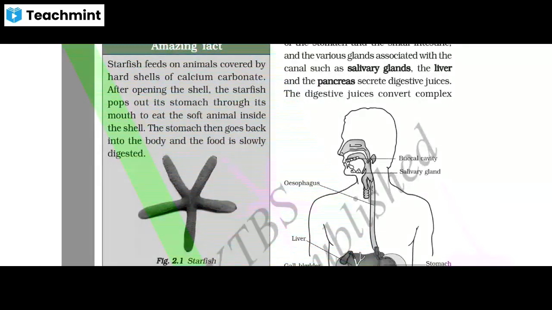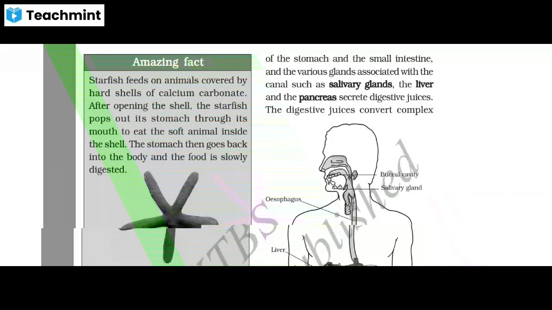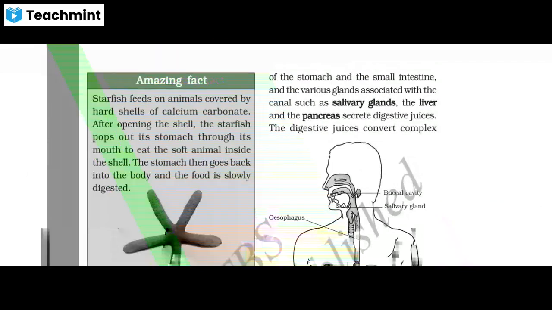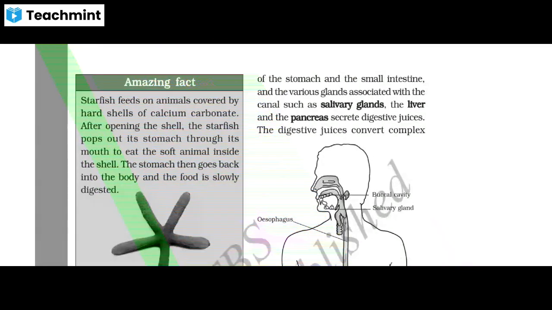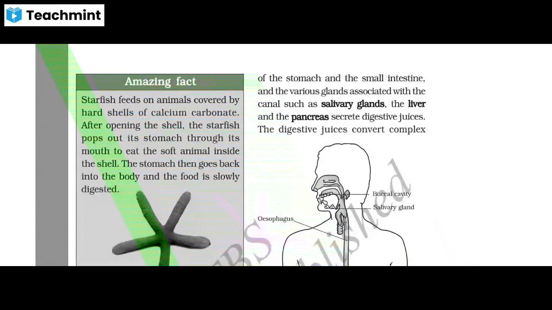Starfish feed on animals covered by hard shells of calcium carbonate. We can say snails and crabs are covered by hard shells of calcium carbonate.